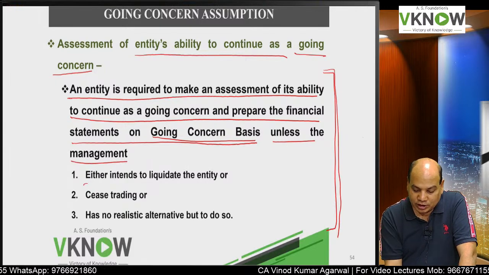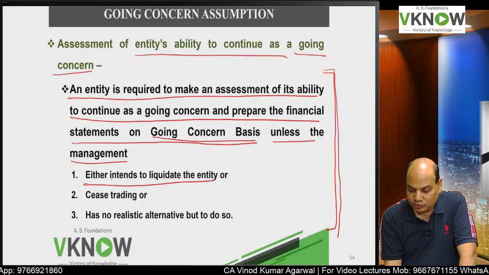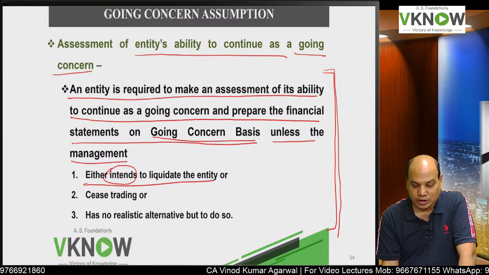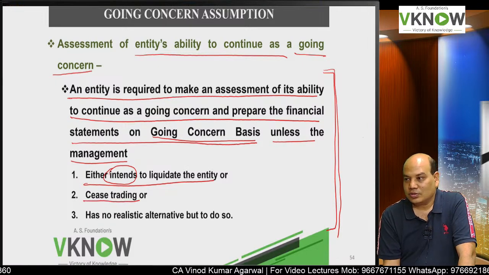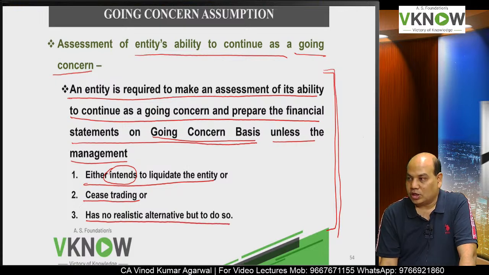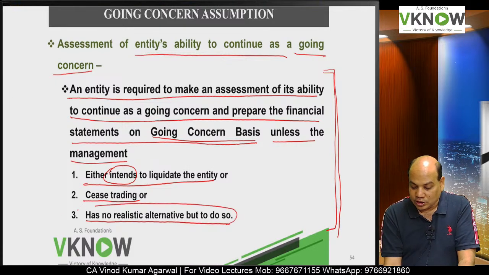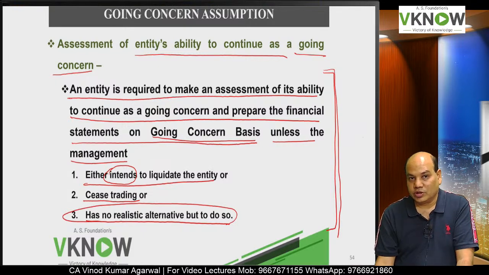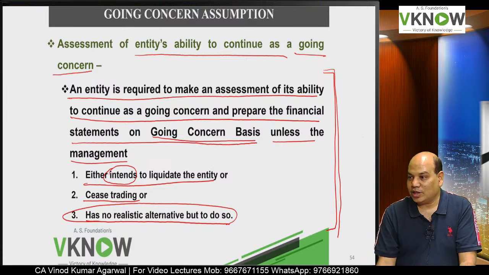Unless the management either intends to liquidate the entity, so management has already made up their mind to liquidate, or cease trading, stops trading for whatever reason from the business, and next is they have no realistic alternative but to do so. So your business can become illegal. You have started one online gaming company, government has banned online gaming.